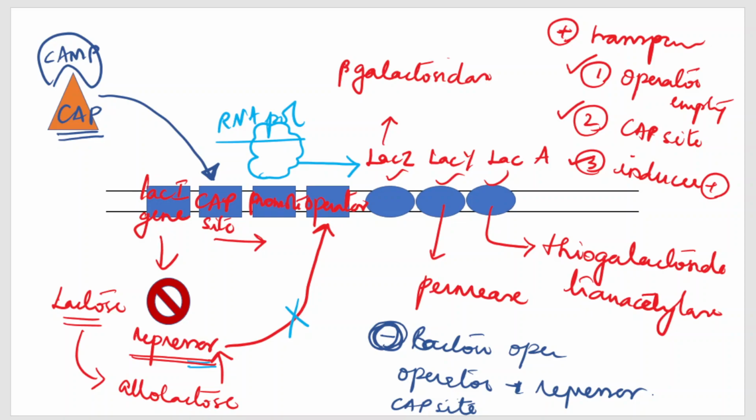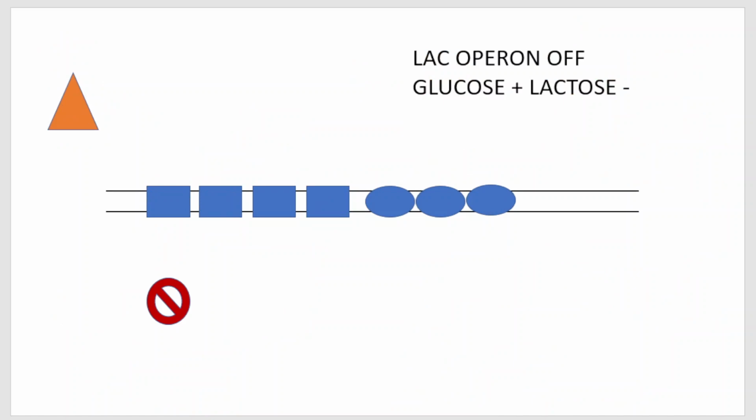So these are the factors which can stimulate or inhibit the transcription of the operon genes. So let's see the three scenarios in which the lactose operon is off or on.